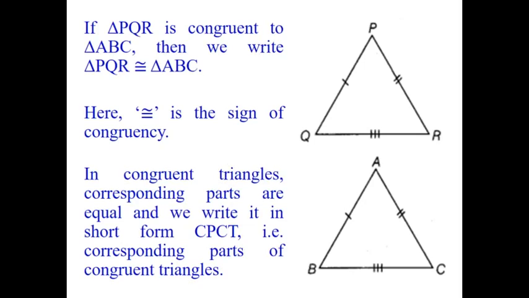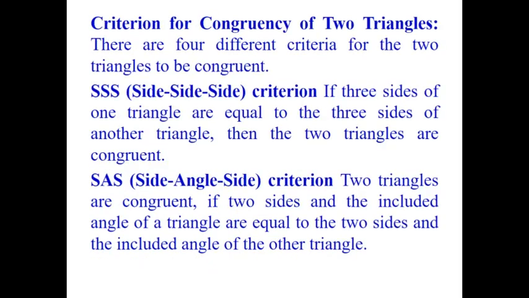That means corresponding parts of congruent triangles. Then criterion for congruency of two triangles.